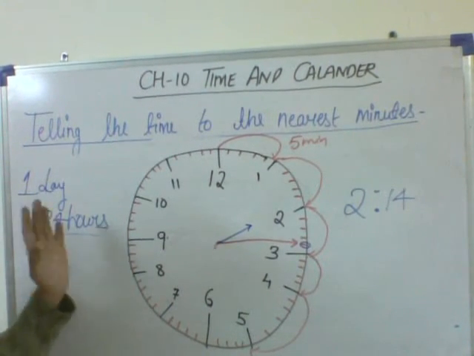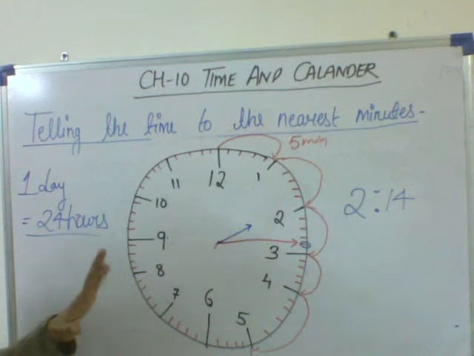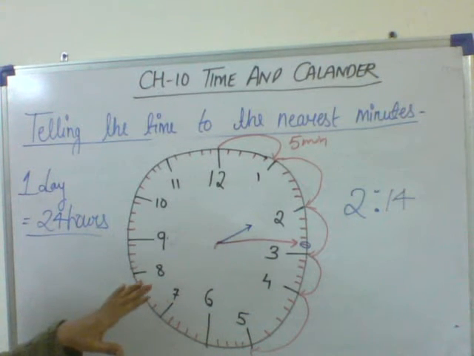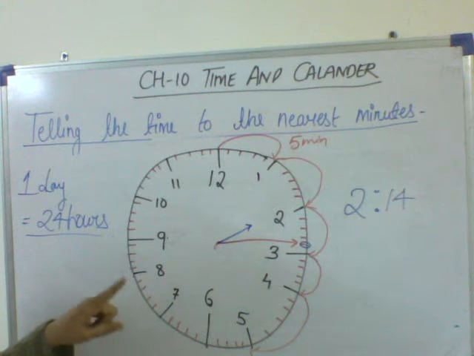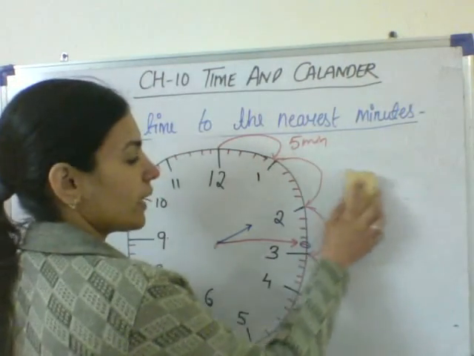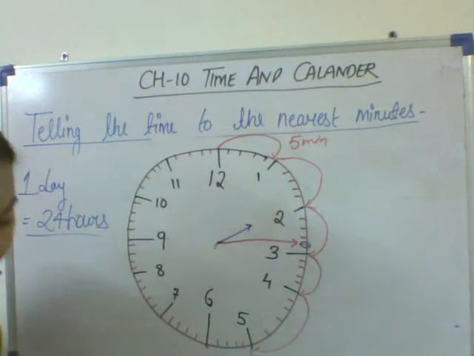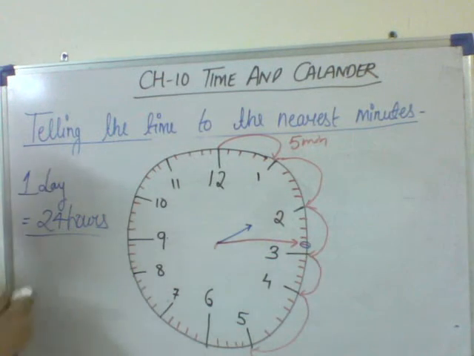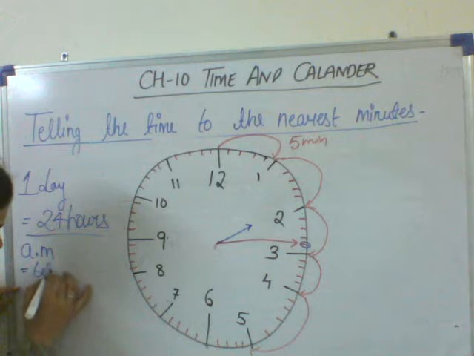So in order to differentiate this, AM is used to show the time before noon and PM is used to show the time from noon to midnight. So what are we using? We are using AM and PM. So what is AM?